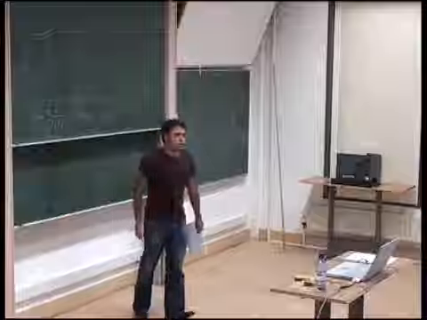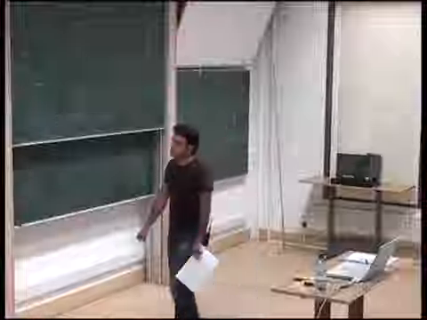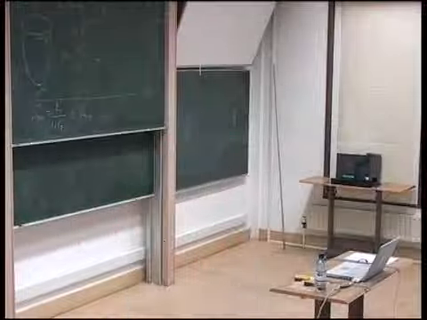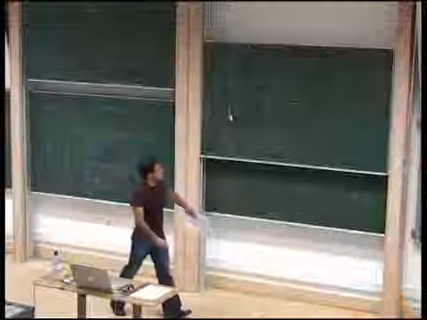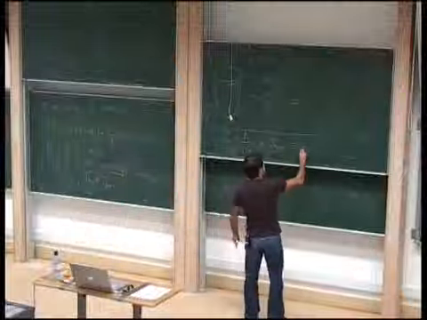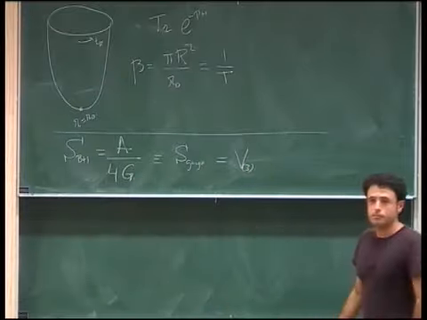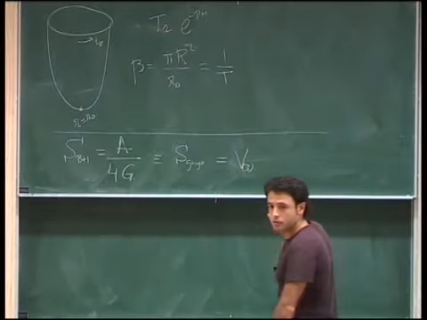So I'm not going to do the calculation, but you see it's very easy. This is a horizon that's translationally invariant in these directions. So this entropy is proportional to the 3-volume, which is infinite in those directions. That's the only infinite factor.